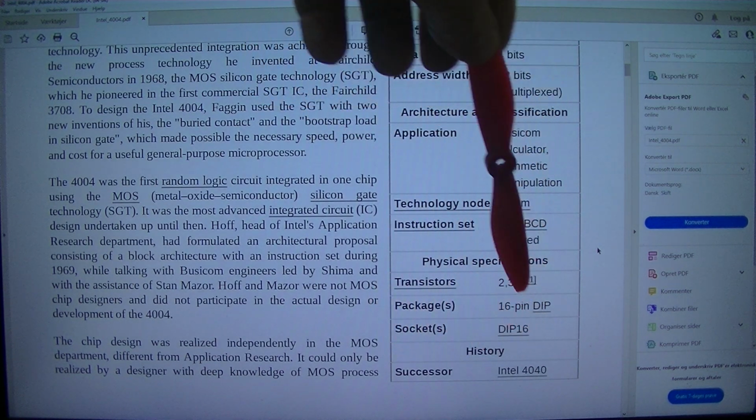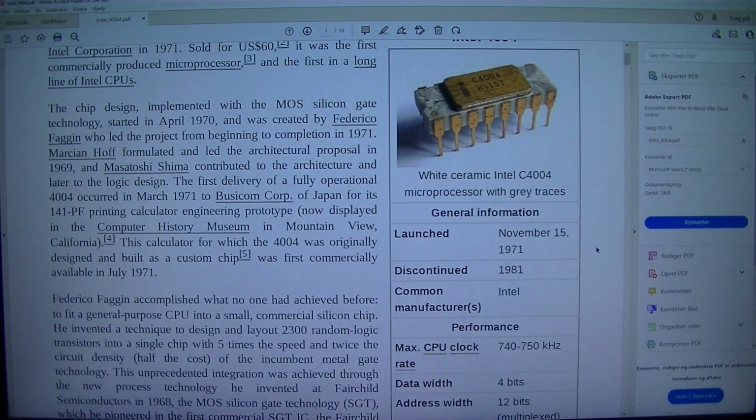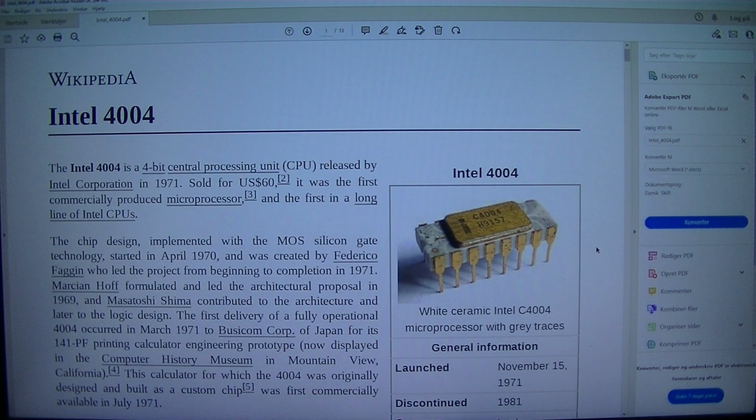Successor Intel 4040. The Intel 4004 is a 4-bit central processing unit, CPU, released by Intel Corporation in 1971. Sold for $62. It was the first commercially produced microprocessor, 3, and the first in a long line of Intel CPUs. The chip design, implemented with the MOS silicon data technology, started in April 1970, and was created by Federico Fagin, who led the project from beginning to completion in 1971.